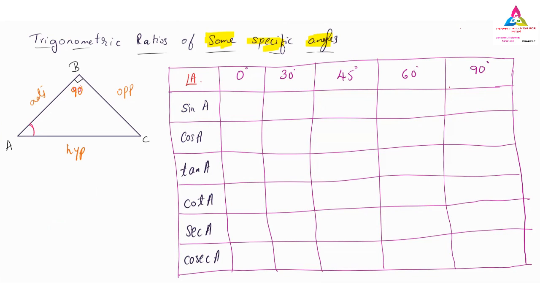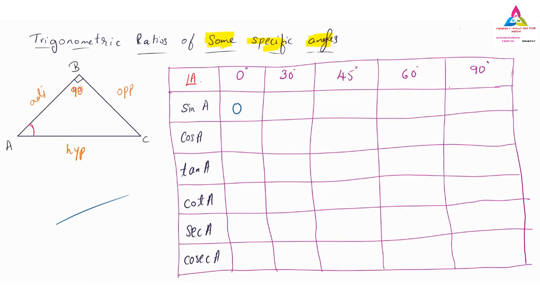Sine A is nothing, yes? Anything you have means 0. What is the value of 0? I'm asking you, what will the value of 0 be? 0 itself. Sine 0 value is 0 itself. So remember this. The value of sine 0 will be 0.